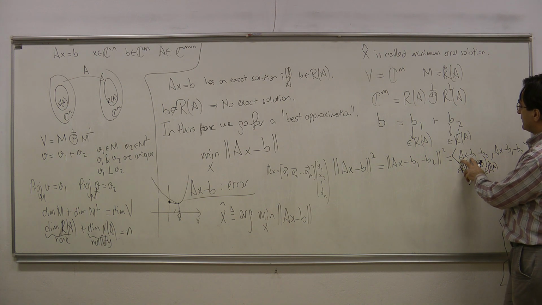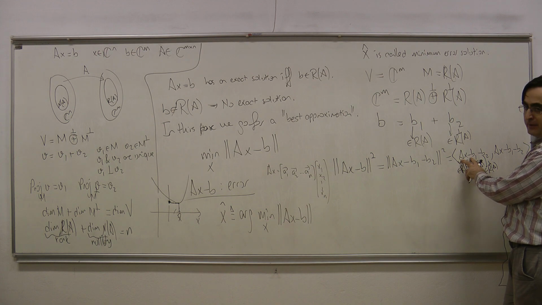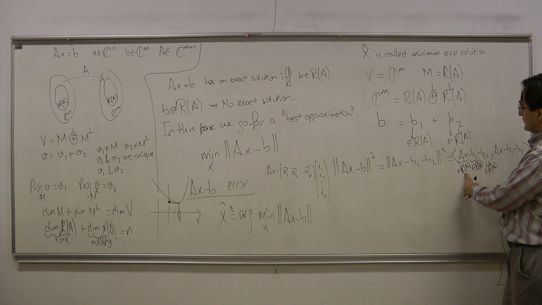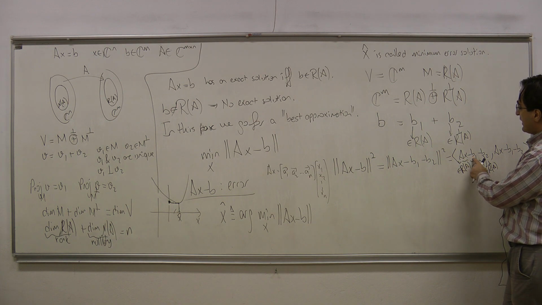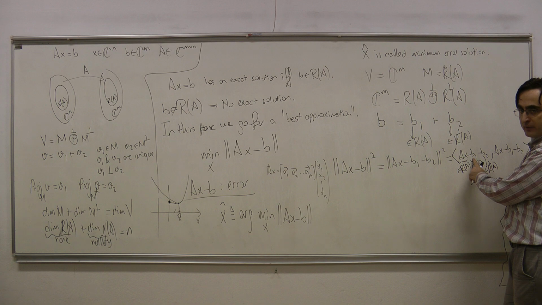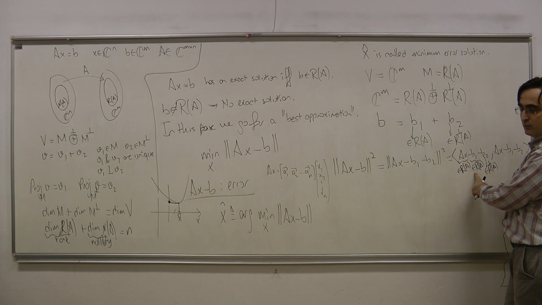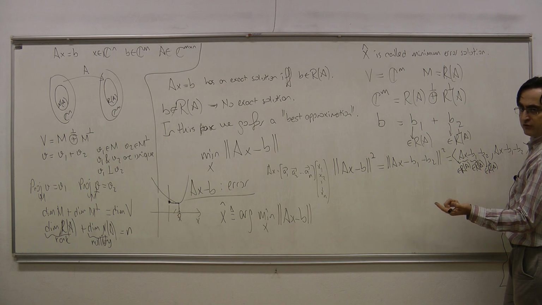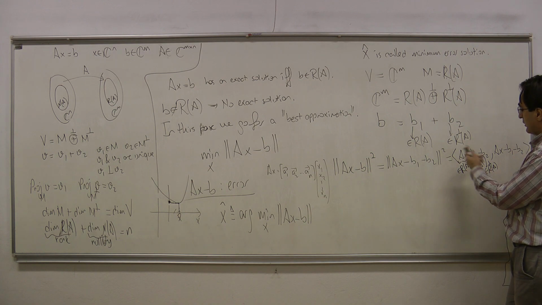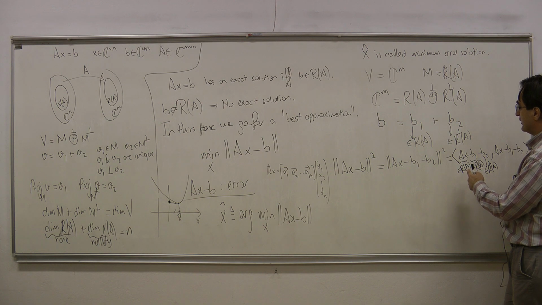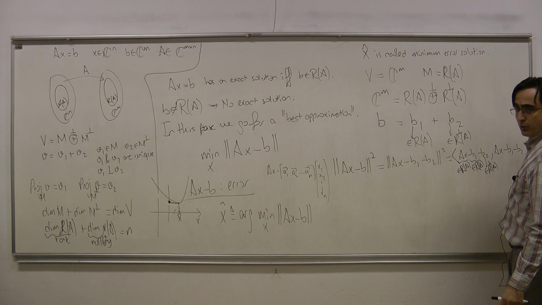Okay? And what about AX minus B1? AX is in range space of A, and B1 is in range space of A. So AX minus B1, where should it be? I know that range space of A is a subspace. Okay? Which means that it is closed under addition, and under subtraction as well, because it is closed both under addition and scalar multiplication.